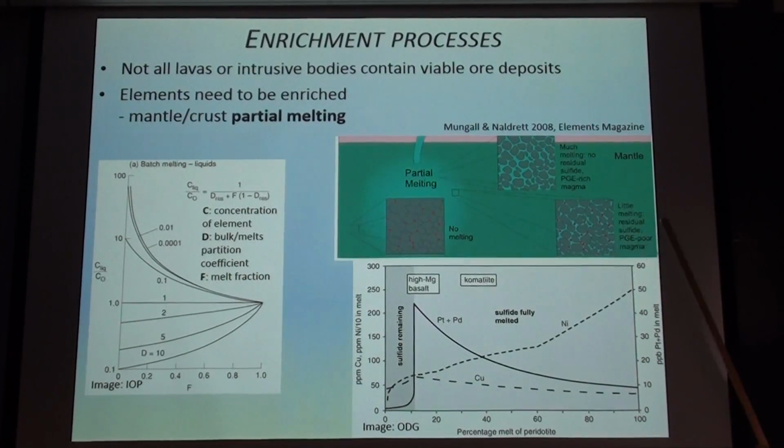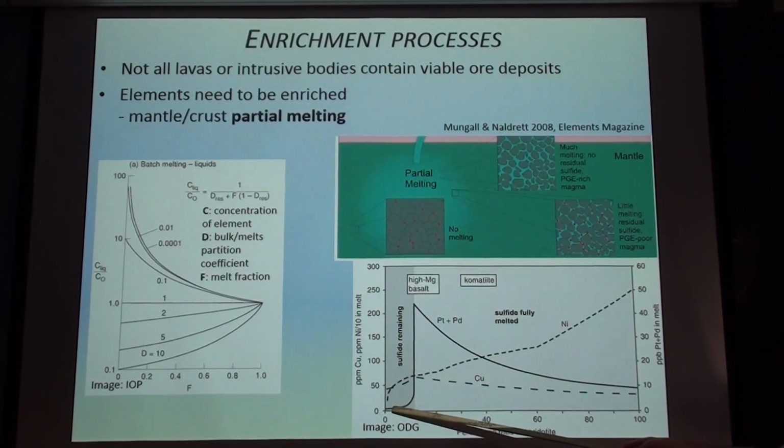We start melting, the sulfides do not melt straight away. So the first phases to melt are pyroxenes, clinopyroxene, orthopyroxene. And hence there won't be many of these PGEs in the initial melt. But at some stage, around 11 to 12% melting, the sulfides basically go into the liquid all at once.